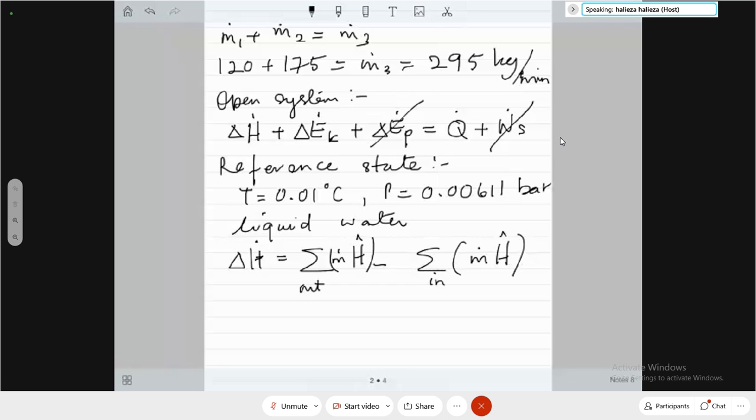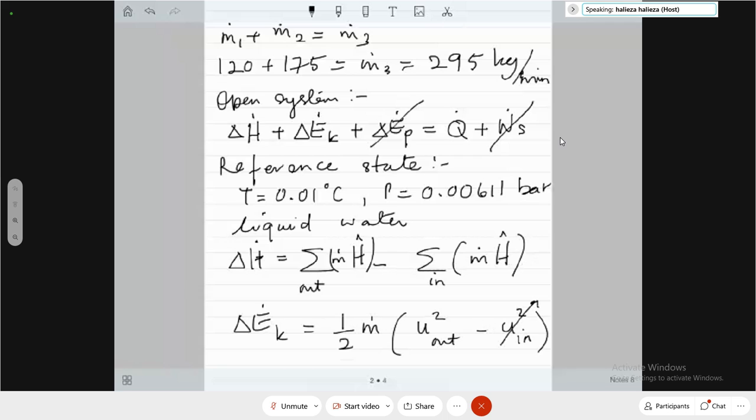I'm going to write that first, and next the kinetic energy is equal to half m, change of u squared, u squared out minus u squared in. That's your kinetic energy. But it's already specified that in is going to be ignored, so you're going to ignore that part for the inlet stream.